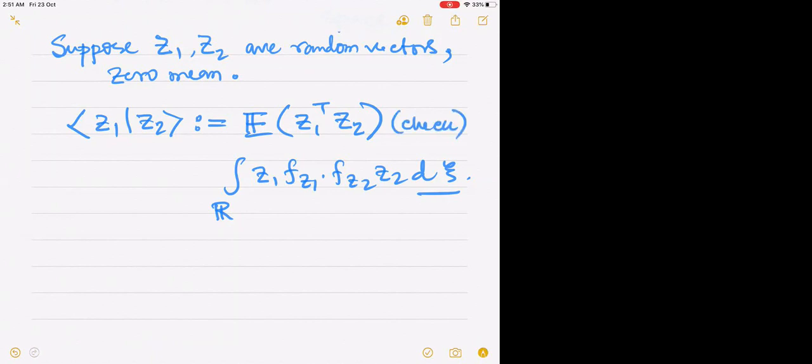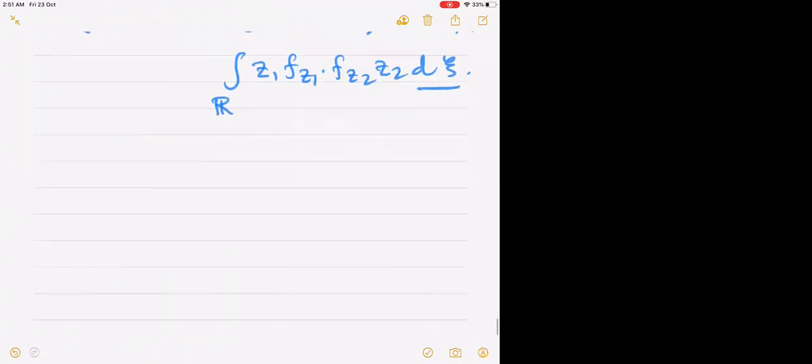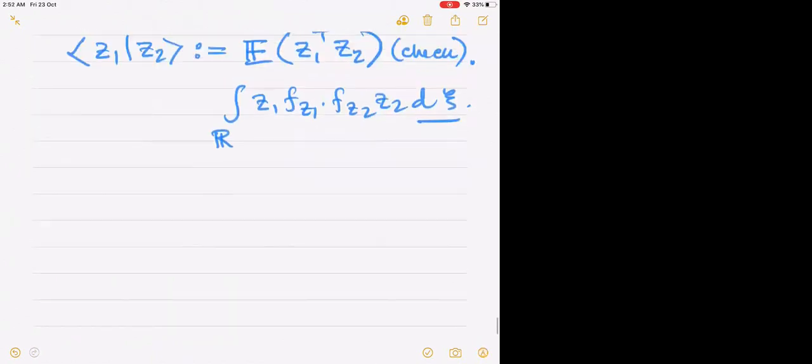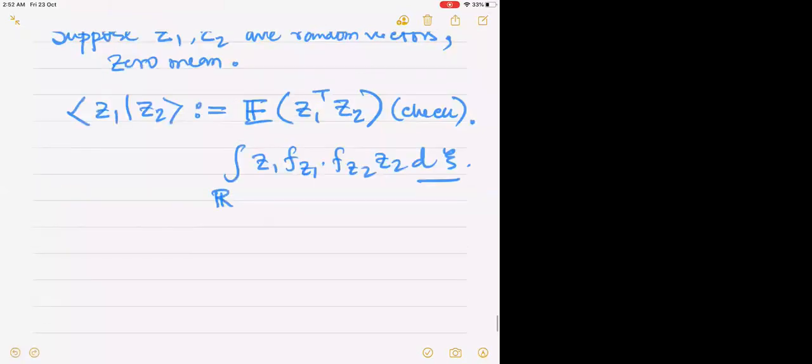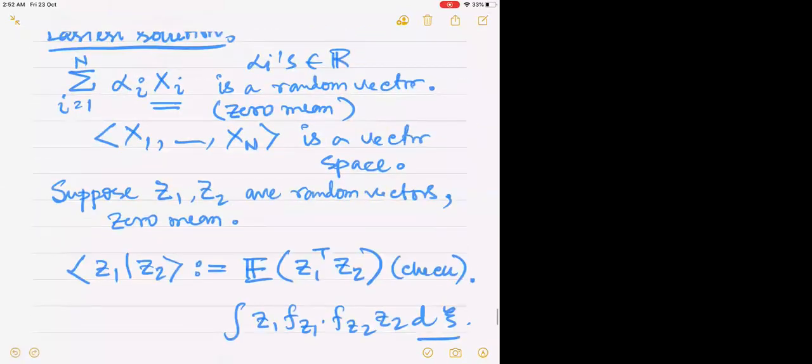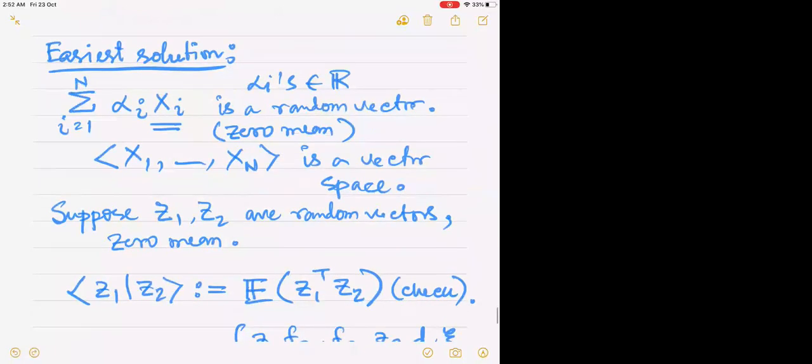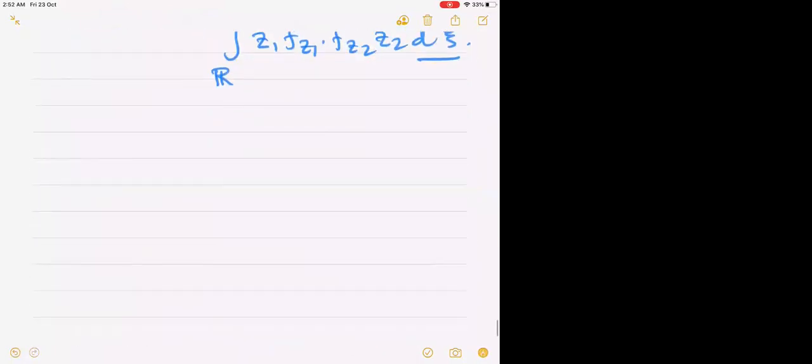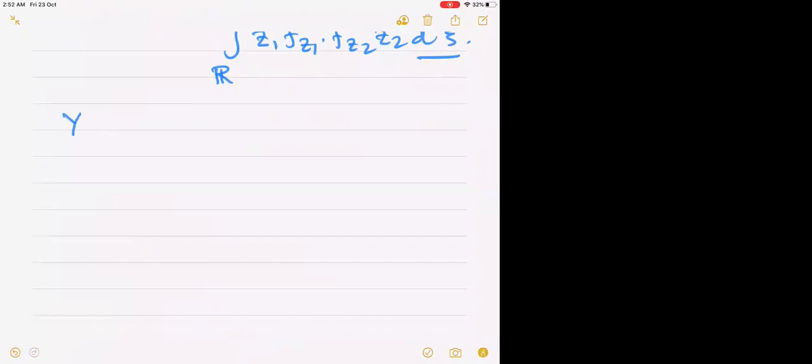Because it's an inner product, I can talk about orthogonal projection, which means the best approximation. It's an inner product space, and it's a vector space. So for this y, I can do this estimation.